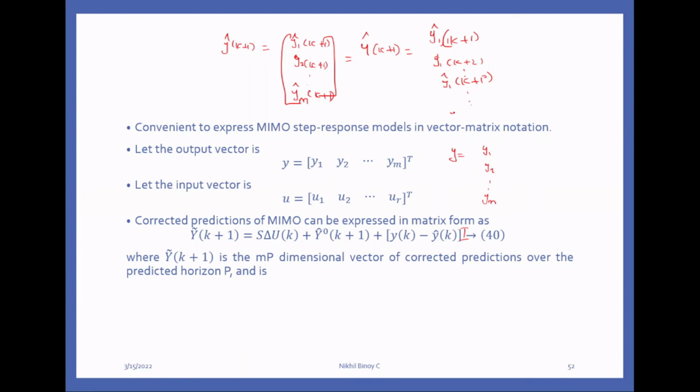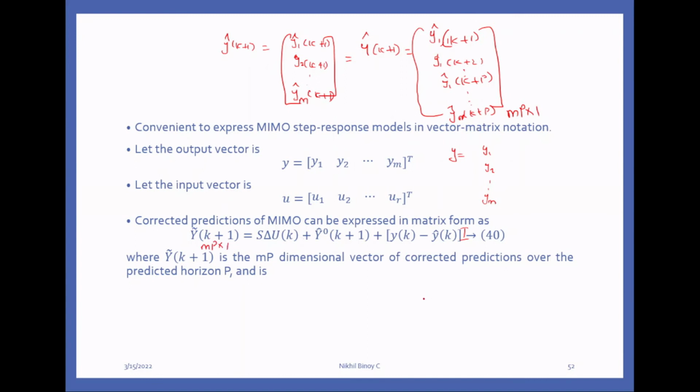Similarly, etc., we have ym cap of k plus p. So each variable has p elements, and m such variables are there. So this size will become mp into 1.